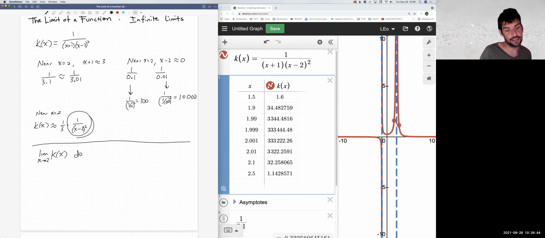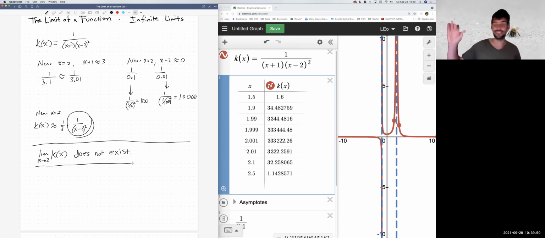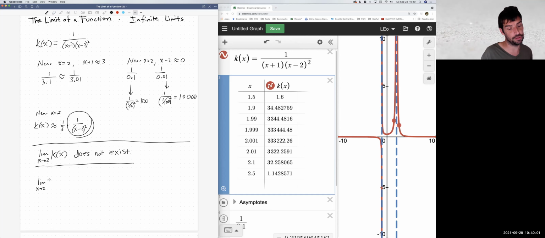This limit does not exist, okay? I want to stress this a lot. This limit does not exist, but we are going to write something that makes us feel like it does exist. The limit as x goes to 2 of k of x is equal to infinity. We write this.